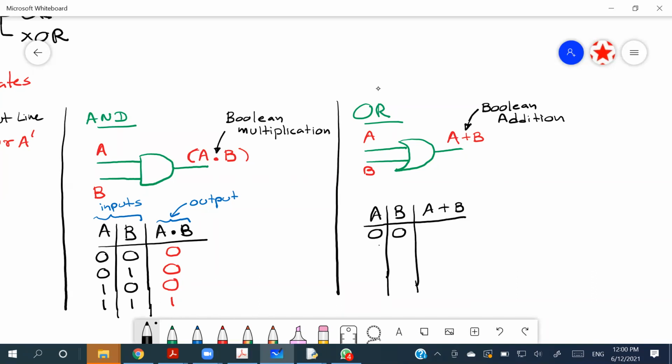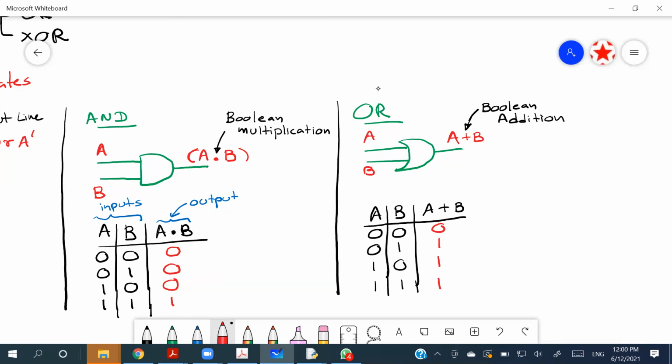So we know the patterns 0, 0, 0, 1, 1, 0, 1, 1, and the output is going to be... I told you it is almost similar to the addition. 0 plus 0 is 0, 0 plus 1 is 1, 1 plus 0 is 1, 1 plus 1 is going to give you 1, still not 2, right?